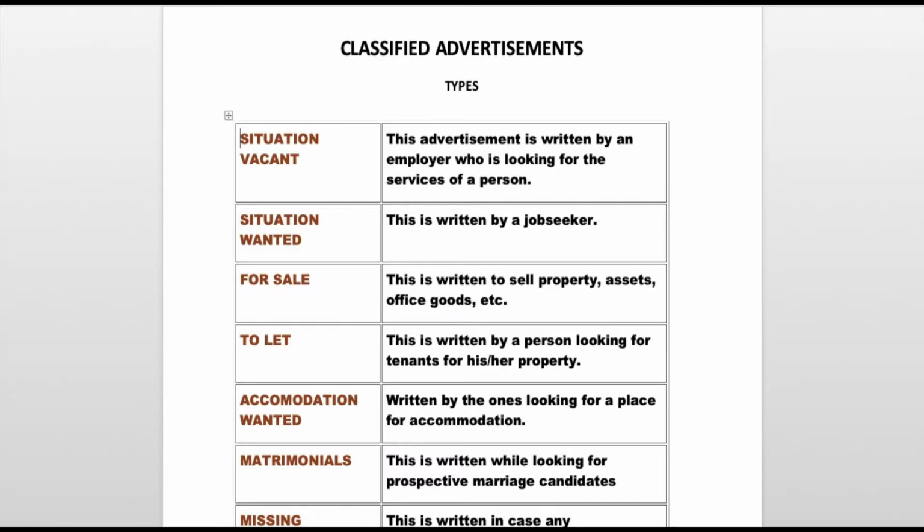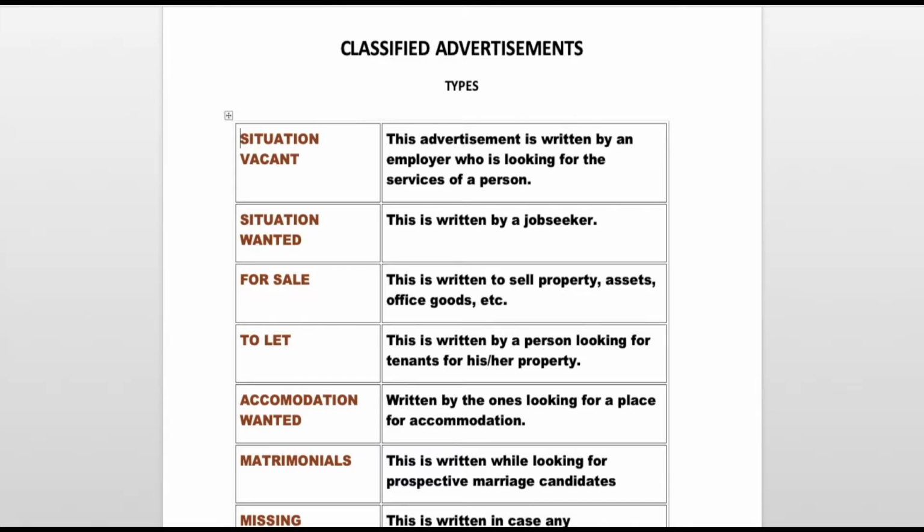So all of these situations of vacancies, and all of the situations related to selling of goods and properties, all of this information is drafted in the form of a classified advertisement in various newspapers.